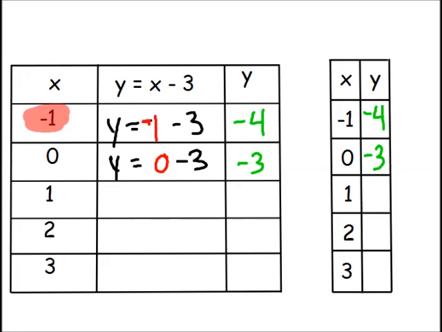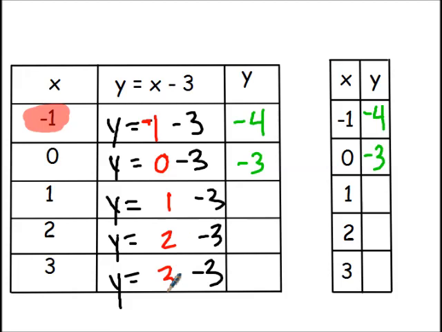We'll continue to do the same thing for each and every x value that is given. Each time we'll take 3 away from x. So here we have x is 1, x is 2, x is 3. 1 minus 3 will give us -2. 2 minus 3 will give us -1. And finally, 3 minus 3 will give us 0.